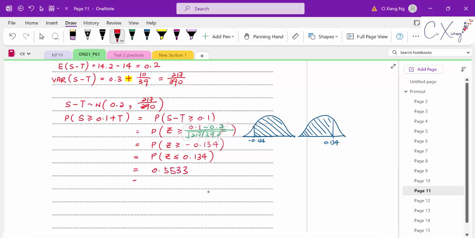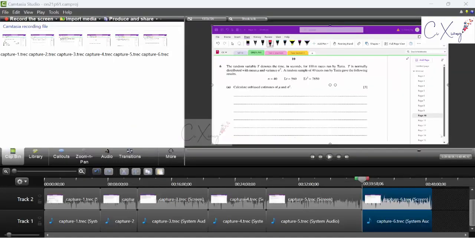To be safe, I usually keep it to 3 significant figures, which is 0.553. So this is how we solve question number 6.